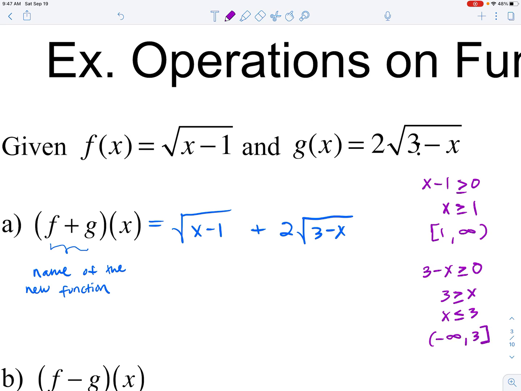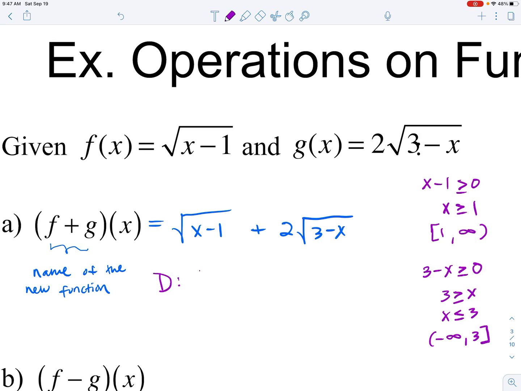Now we need to take into account both of those domain restrictions to state the domain for this function, which comes from thinking about the domain of each piece. We have to satisfy both of those domain restrictions. So the domain of this function is going to be the intersection of each of those intervals, the domains of f and g.